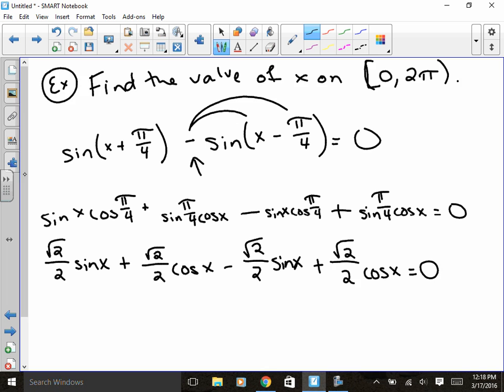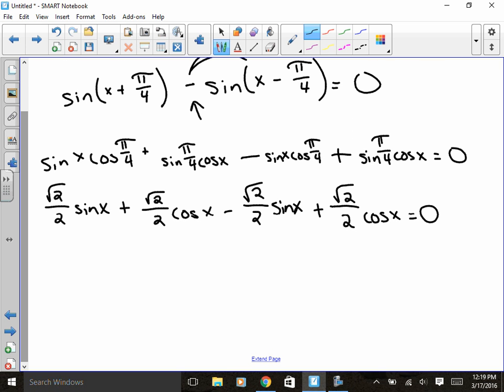So looking at this, I'm going to go ahead and combine my like terms. And when I combine my like terms, the square root 2 over 2 with the sine x, those actually just cancel. So then I'm left with the square root 2 over 2 cosine x, and I need to add those together.